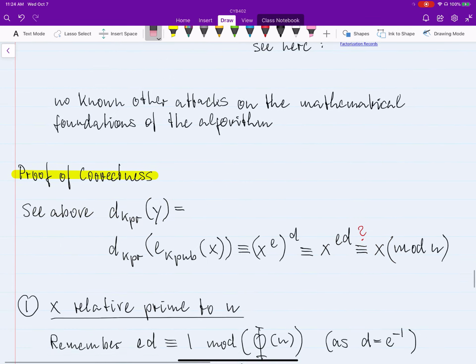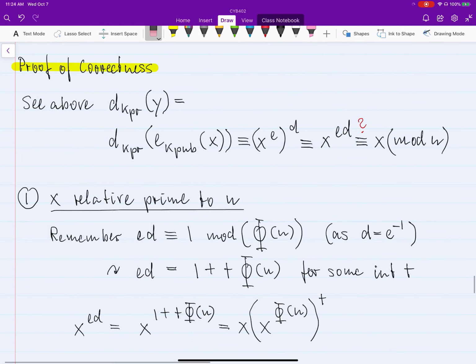Okay, so let's get now to the very last step and prove the correctness of RSA. So we start out by pointing out that the decryption of a ciphertext is basically done by raising the ciphertext to the power of d modulo n.